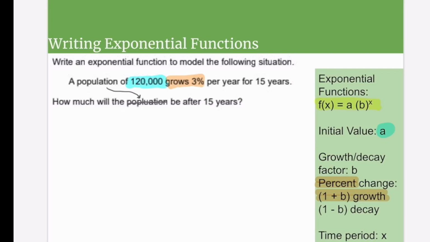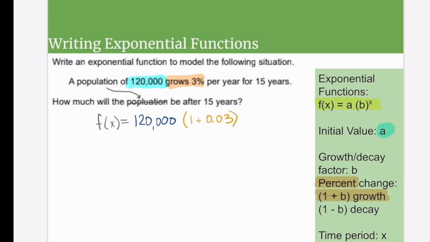So here's what we have so far. F of x or y is going to equal 120,000. That's our initial value. And then we're going to do times, and our base is going to be 1 plus 0.03. So this 1 is actually 100%.